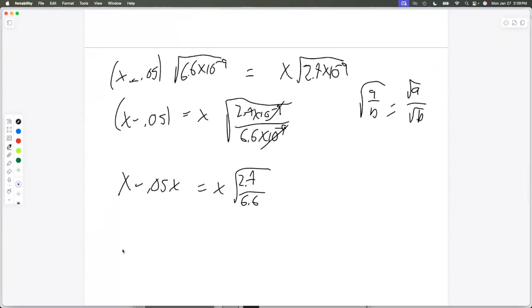Now get all the x's to one side. Move. That is not an x. There's no x there. Move this guy to the other side.